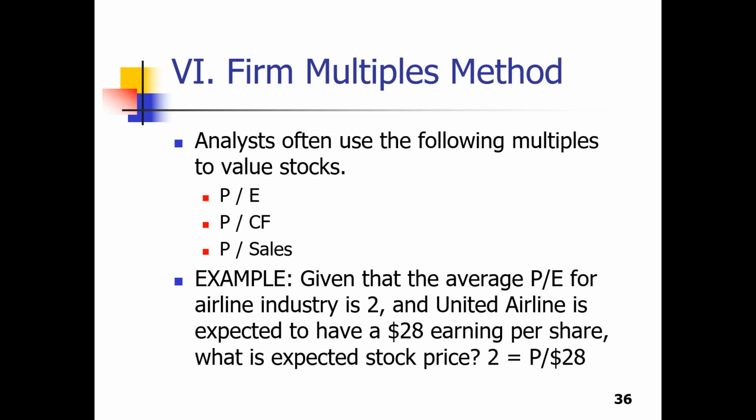This PE is very common in finance literature, including the newspapers. For example, at the time that we had this dot-com bubble, when we had these internet companies being valued very highly, we were seeing price earnings ratios of about 30.